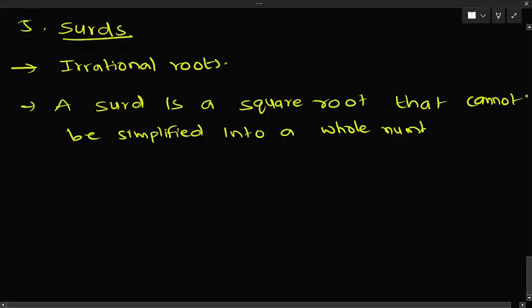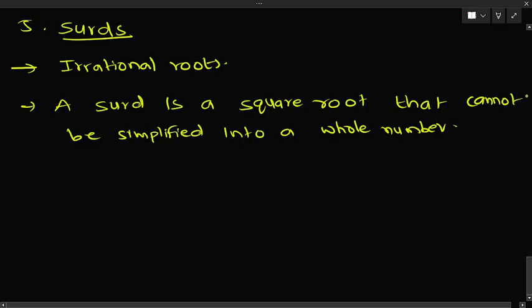So a surd is a type of square root that cannot be simplified to a whole number. If it is converted into a whole number, then it is not an irrational number. That's why these surds are irrational roots. They cannot be represented in the form of whole numbers. They cannot even be rational.